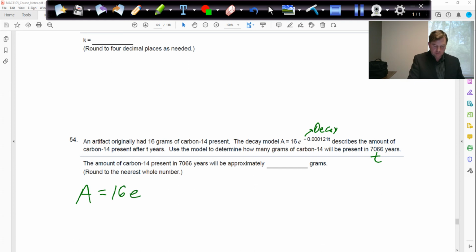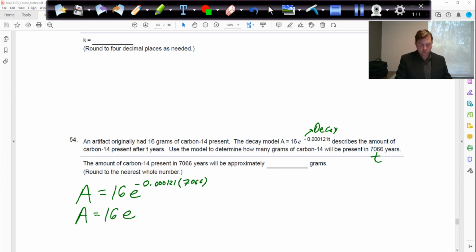16 times e raised to the negative 0.30121 times the time, which is 7,066. The only hard part on this is getting it right in your calculator. If you take that really small negative number times that 7,000, you should get the power on e is now negative 0.854986.